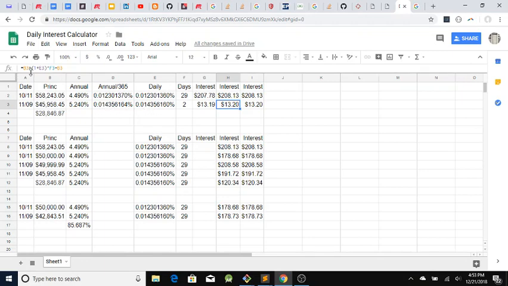So you take this number, and it ends up being 1.014356, and so on, to the power of the number of days. Number of days is 2, so F3 is cell 2. That will give you the balance, this principal plus the interest. So you subtract the principal and you're left with just the interest, which is 13.20.